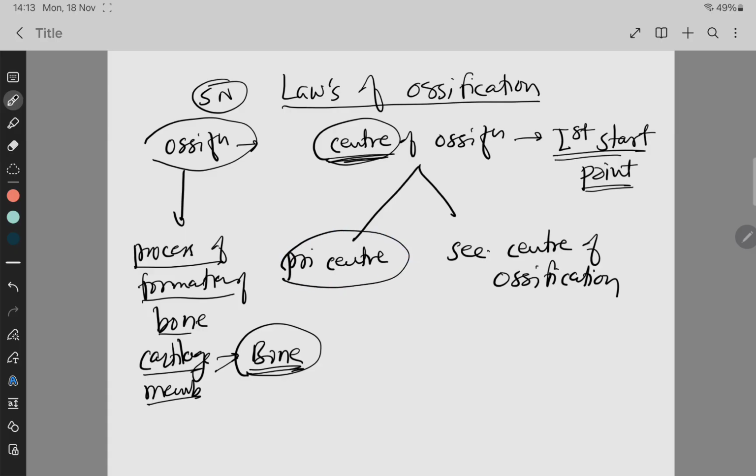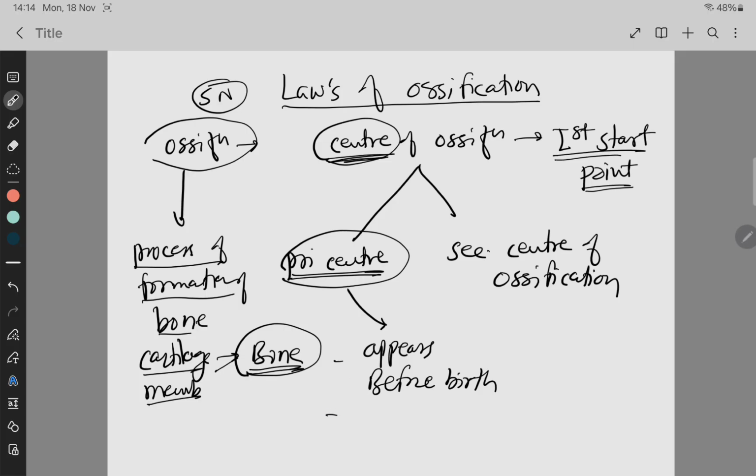And what is primary center of ossification? It is the center of ossification which appears before birth, and the process which starts before birth is called the primary center of ossification.